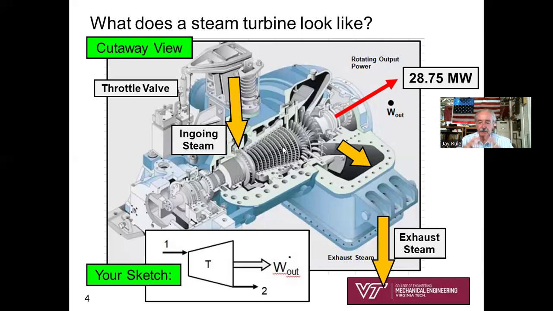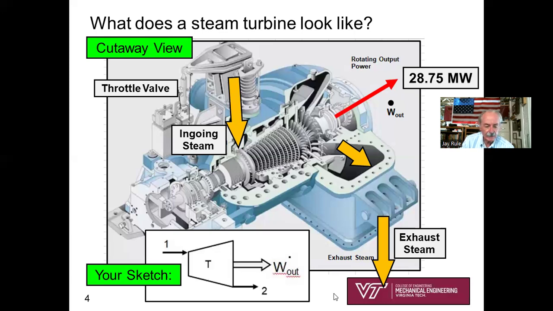And that's how come the shape of the steam turbine is a conical shape. Steam is expanding, pressure is dropping as you're producing power. Then the steam goes through the exhaust and is exhausted typically into a condenser. So that's what a cutaway view of a real steam turbine looks like.